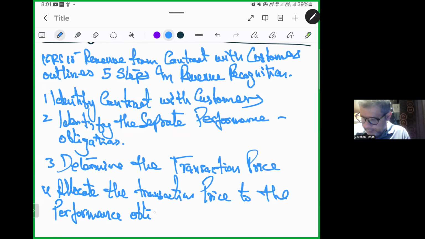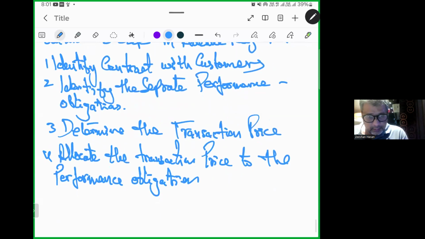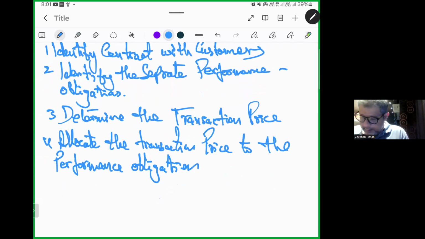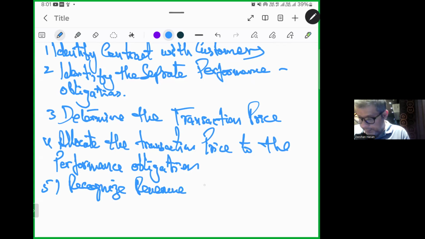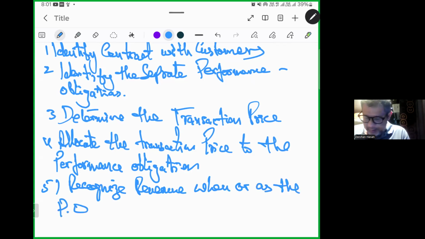And finally, step five, recognize revenue when or as the performance obligation is satisfied.